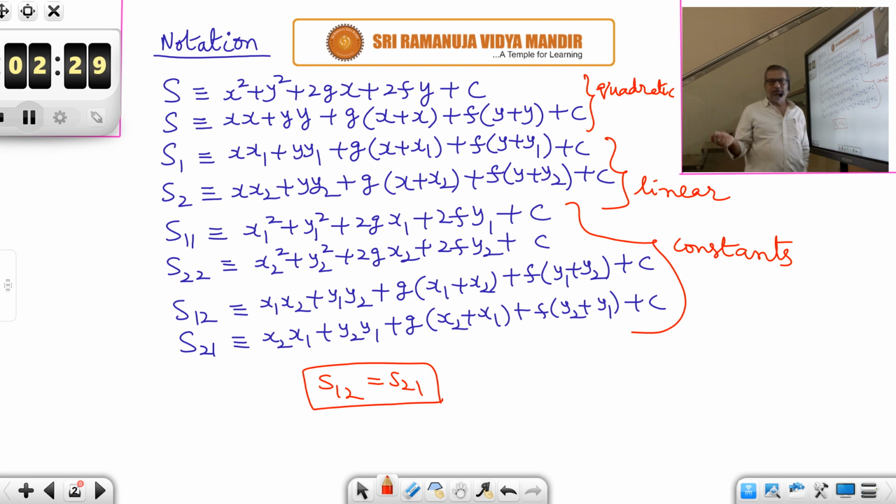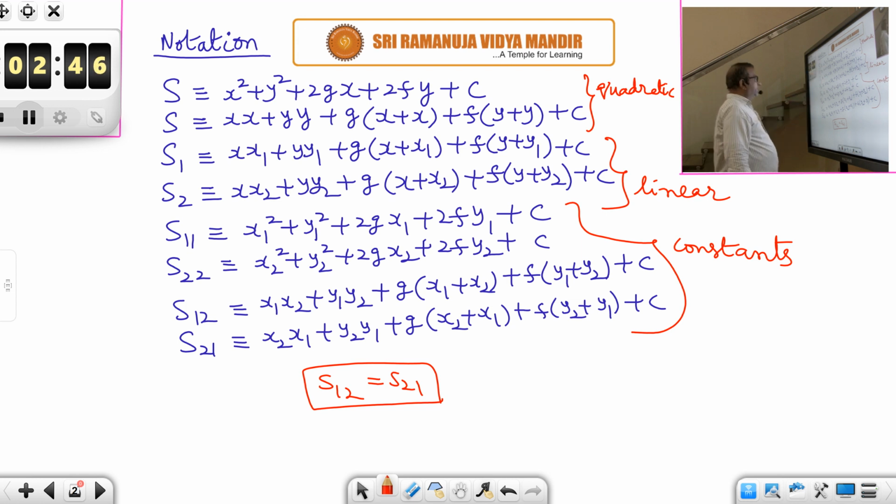So if I say S is equal to 0, then I mean this circle only. Similarly, S1 can be written as xx1 plus yy1 plus g into x plus x1 plus f into y plus y1 plus c.